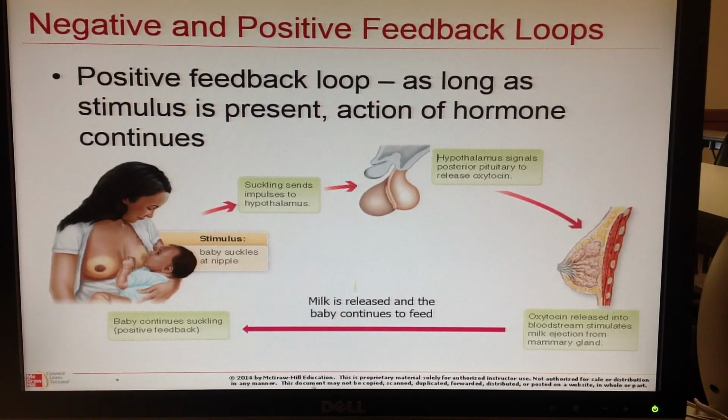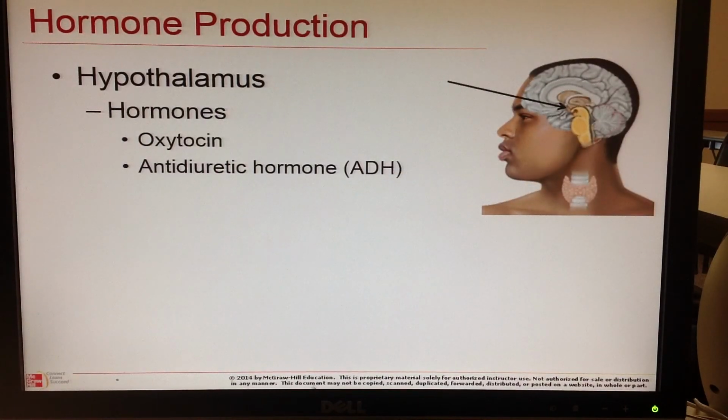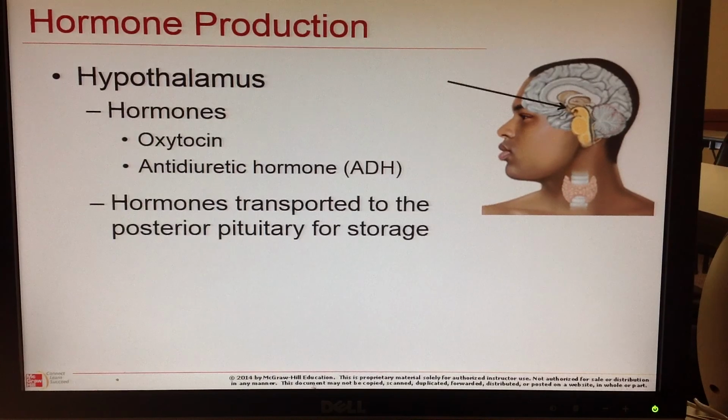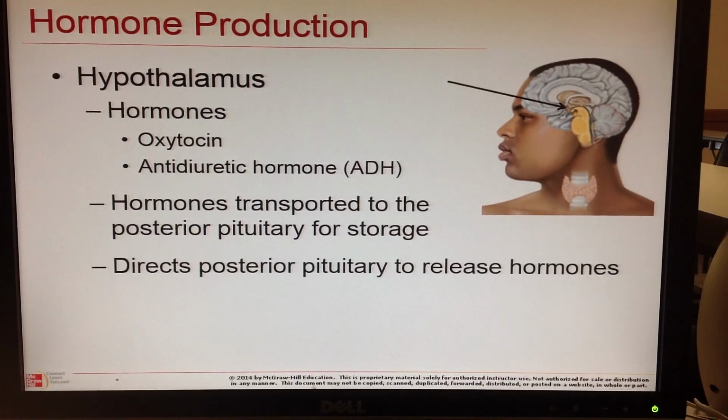So we're still on page 658. Hormone production is really important. Even though the pituitary is often called the master gland, I like to call the hypothalamus the master to the master gland, because the hypothalamus is right above the pituitary, as you can see in that picture also on page 659.